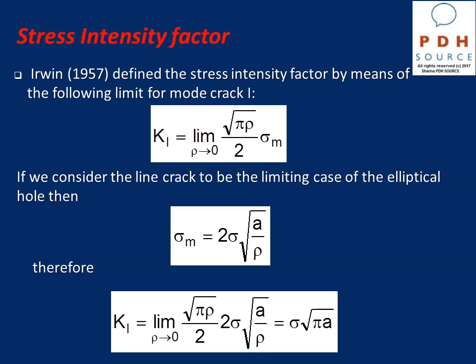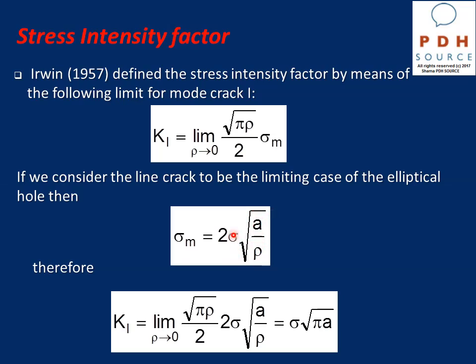And if we consider the line crack to be a limiting case or special case of the elliptical hole, for the line crack, basically rho is going to be equal to 0, and we have sigma m equals 2 sigma multiplied by square root of a divided by rho.